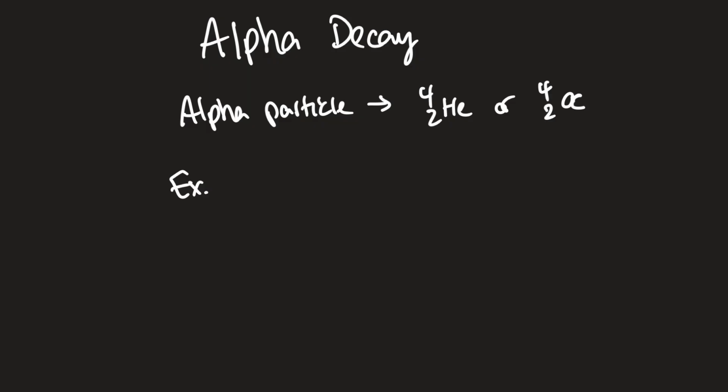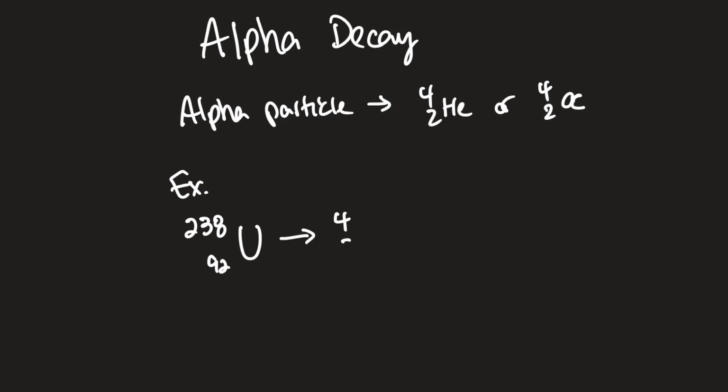Let's say we have uranium-238. This uranium is radioactive, and so it's going to go through an alpha particle decay, where it's going to emit an alpha particle. How would that look?